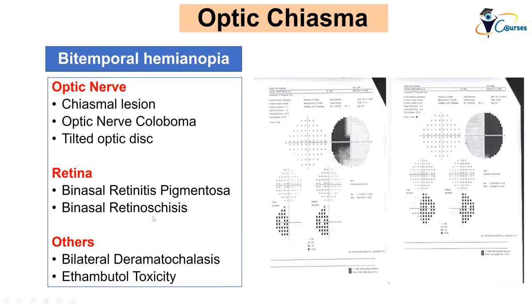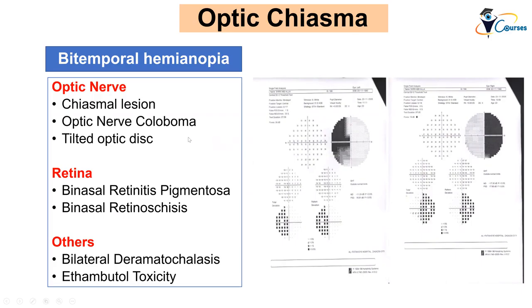Regarding bitemporal hemianopia, this means there is involvement of the temporal field of both eyes, which represents involvement of the decussating nasal fibers if we are speaking about the chiasm, or other retinal lesions. If there is a chiasmal lesion involving the central part or the decussating nasal fibers, this will result in bitemporal hemianopia, as you can see here.